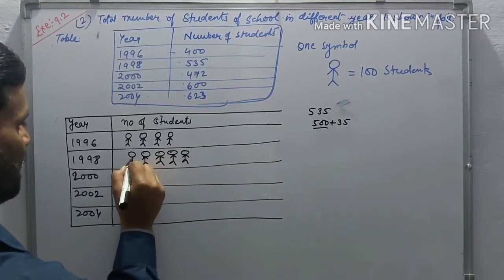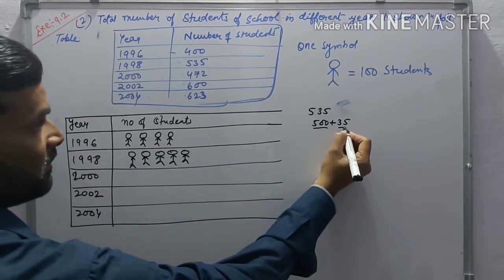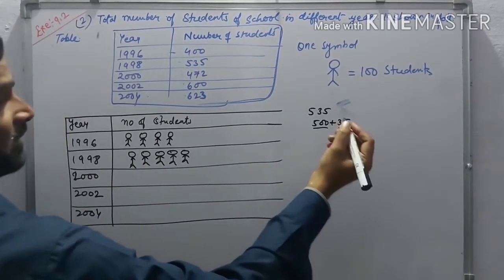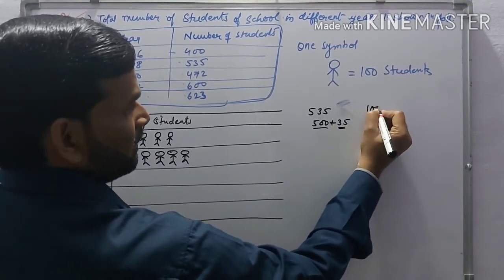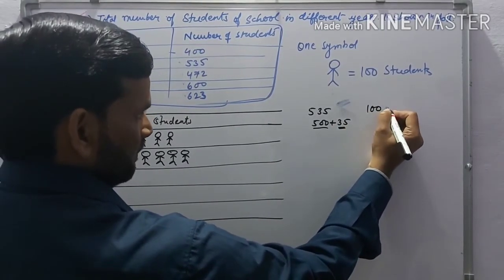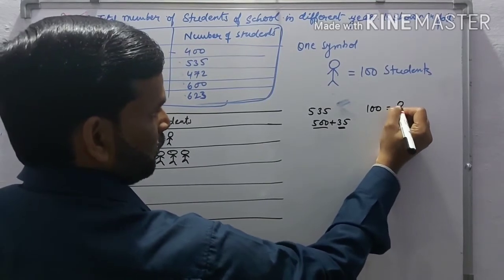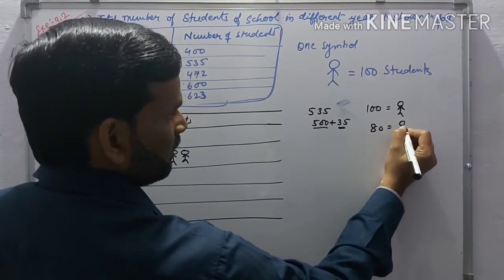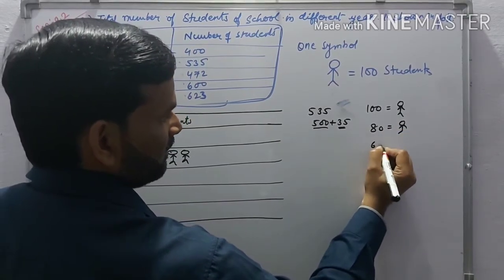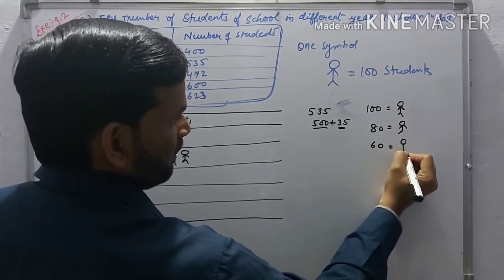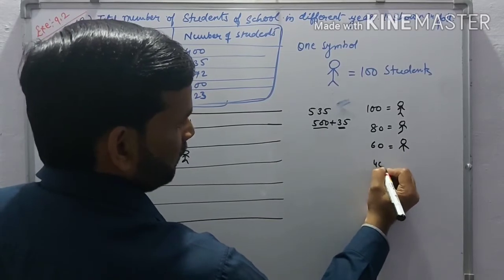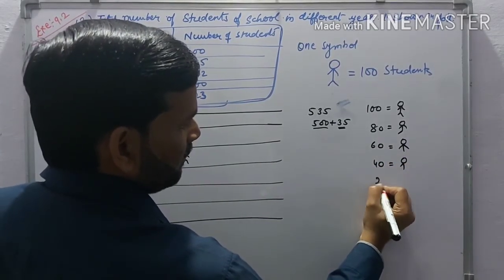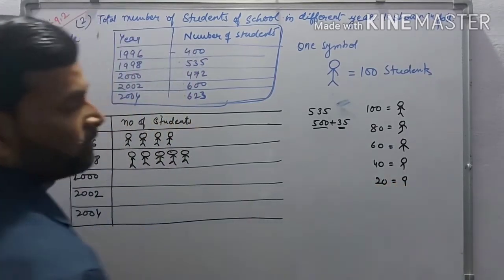This is the 500 and 35. 35 is, before I will now write that 100 means full, 80 means only one leg, 60 means both legs, 40 means only one, and 20 means only this.